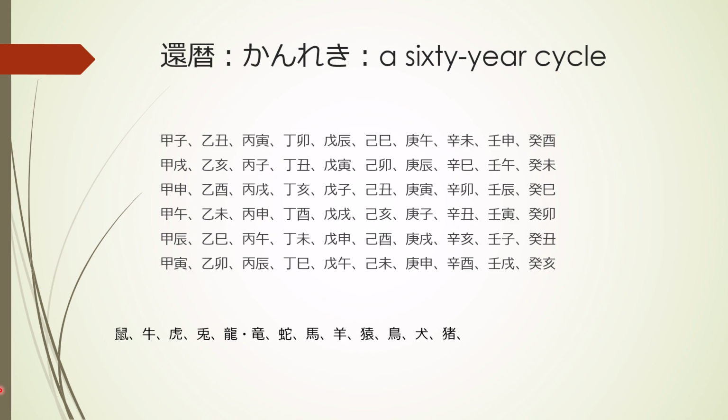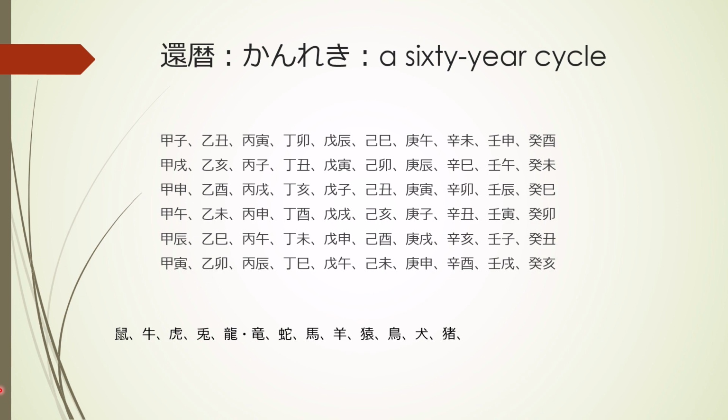Another important note is that although the Junishi is famous for representing animals, actually that's a later addition. So the earliest evidence, I believe, for the Eto goes back to the Shang dynasty in China.